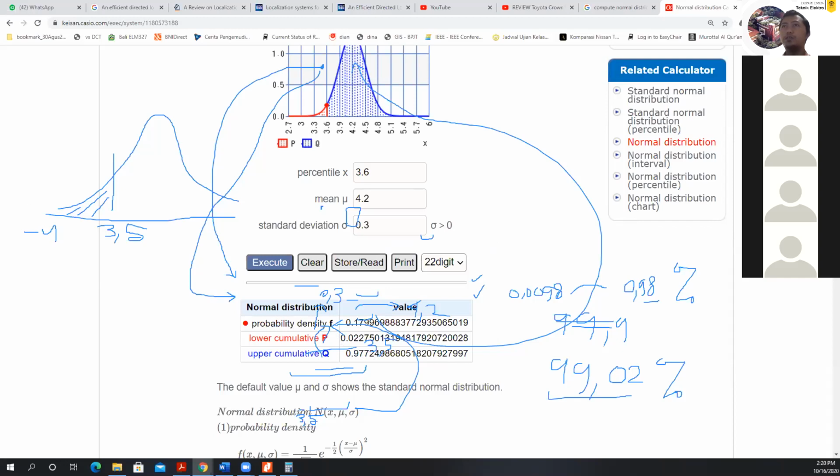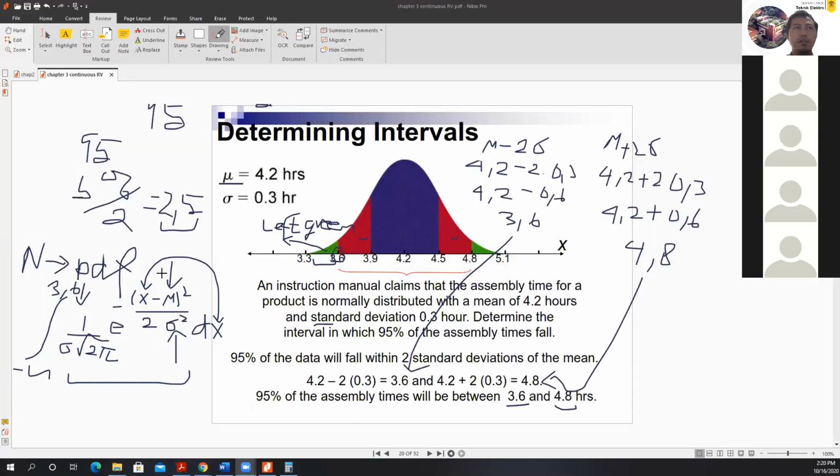Yeah, it is a good question. Actually, how to say? 2.5 here is just an approximation.